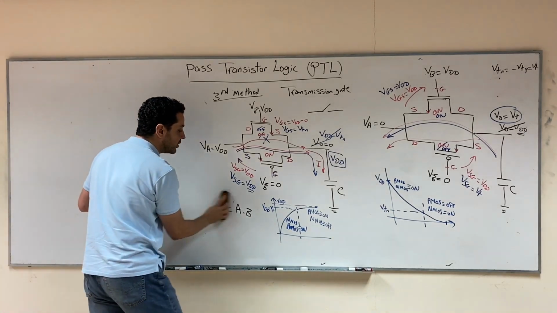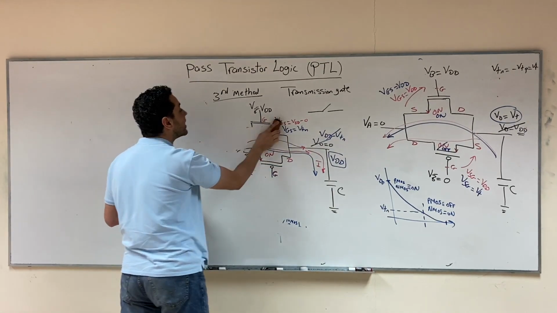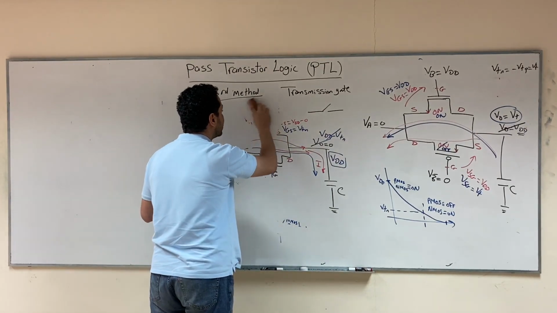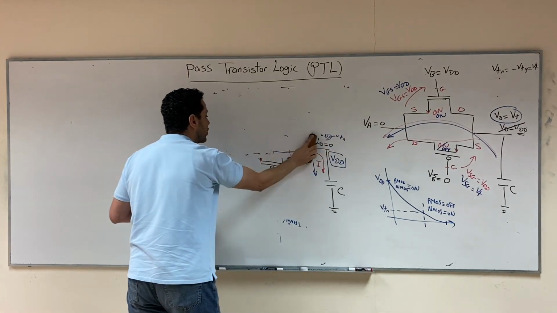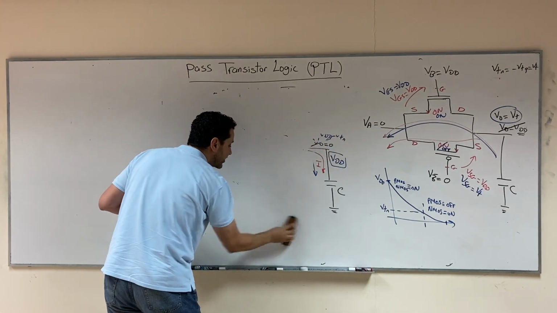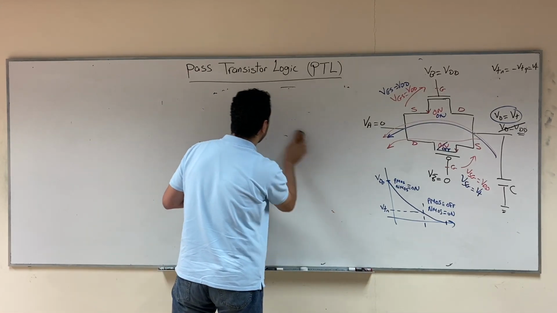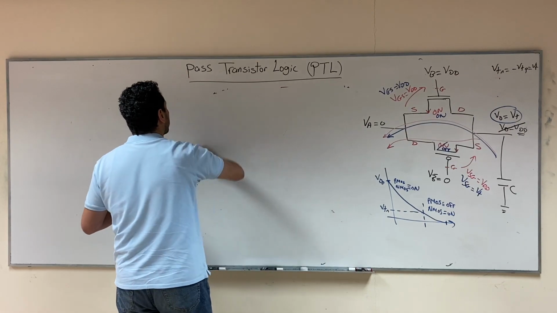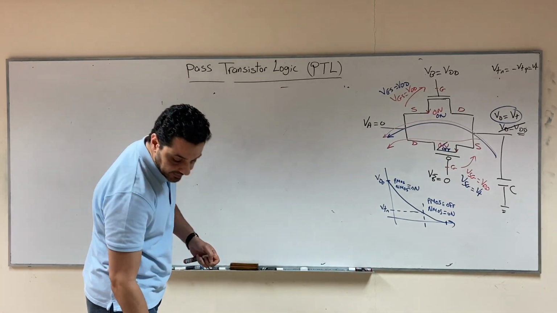My advice to you is, when you implement any gate using the transmission gate to implement the switches, first do your implementation using switches, just switches without any transistors, and then at the end you replace the switches with transistors. For example, let's take the first example.